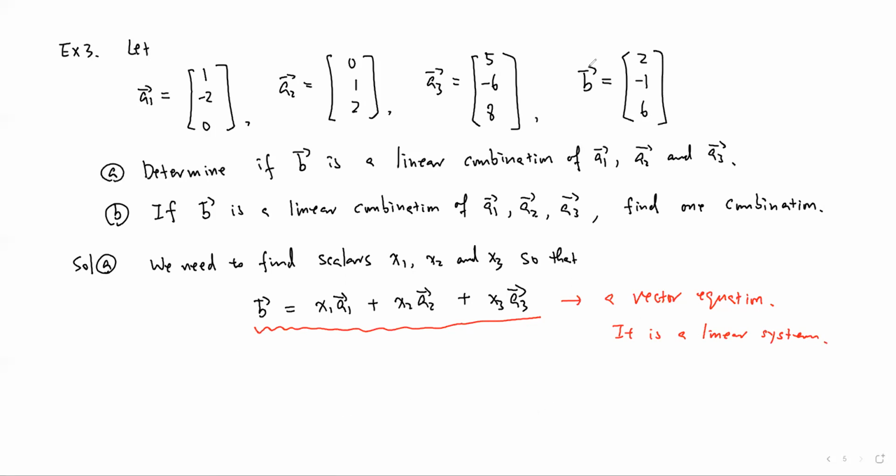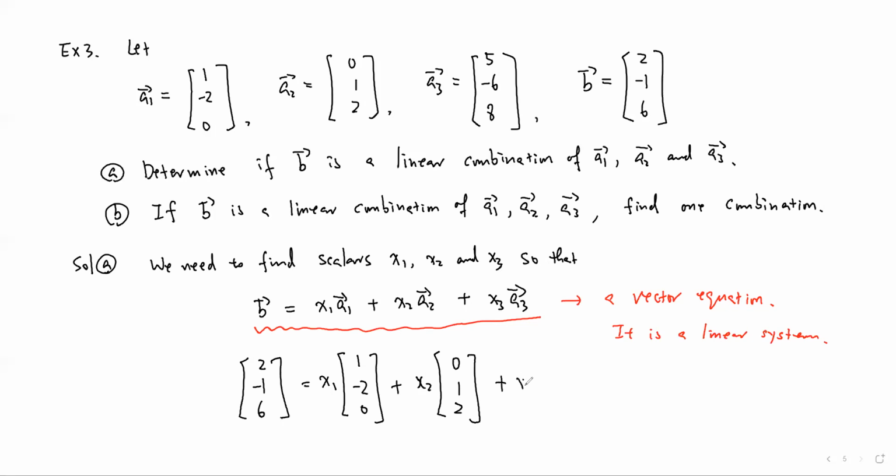Vector b is 2, -1, 6, and then x1 times a1, which is 1, -2, 0, x2 times a2, x3 times 5, -6, 8 in detail.